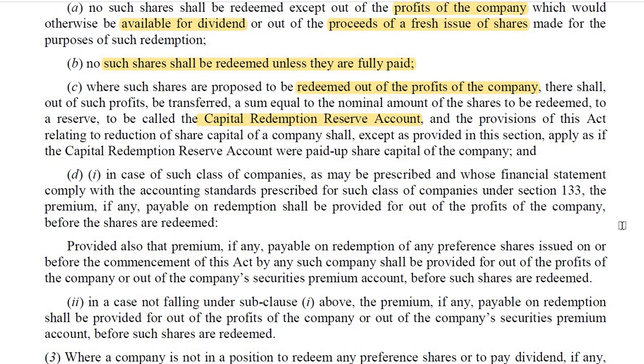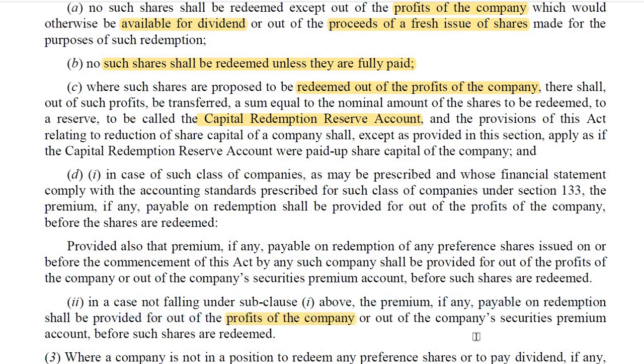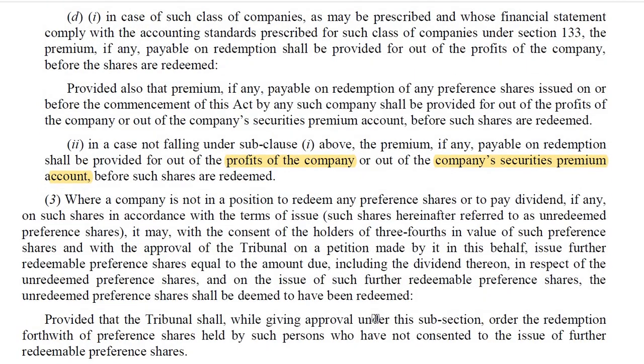In case not falling under the subclause above, the premium, if any, payable on redemption shall be provided for out of the profits of the company or out of the company's securities premium account before such shares are redeemed.